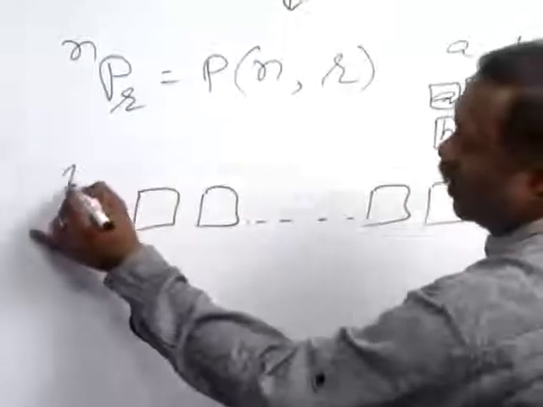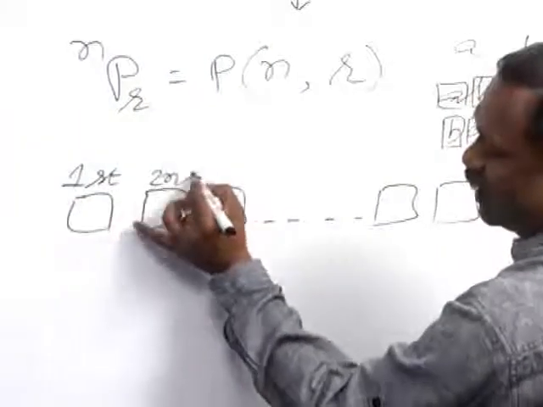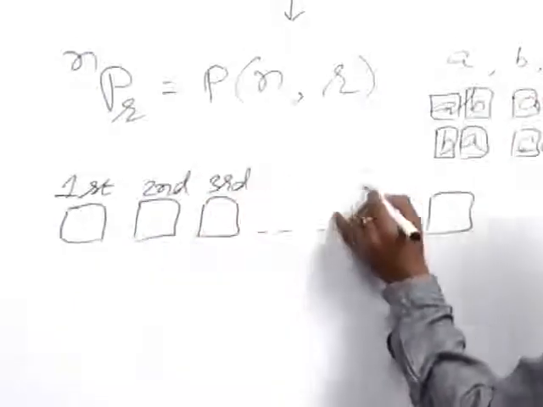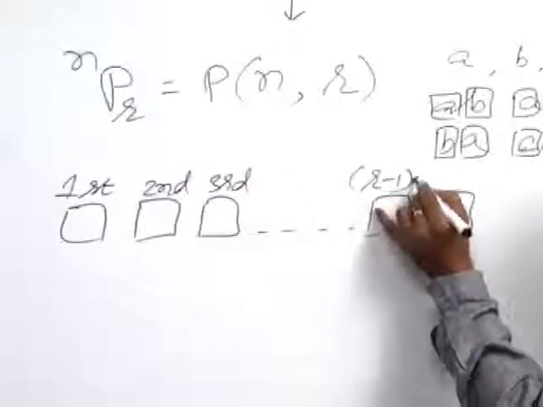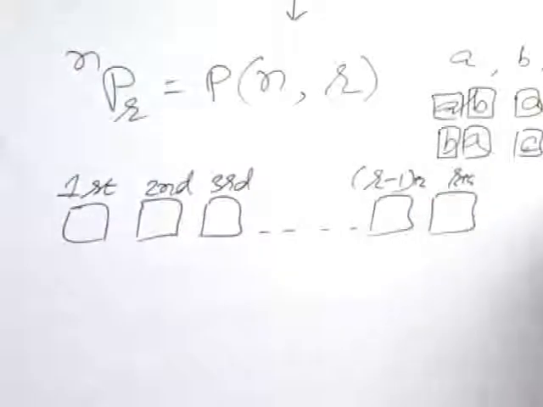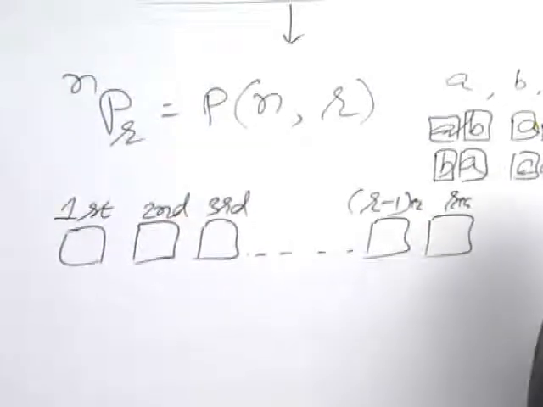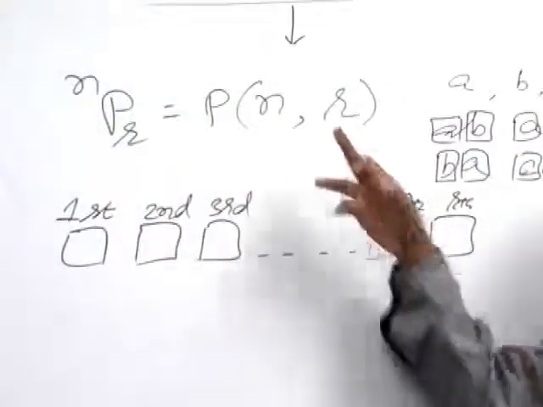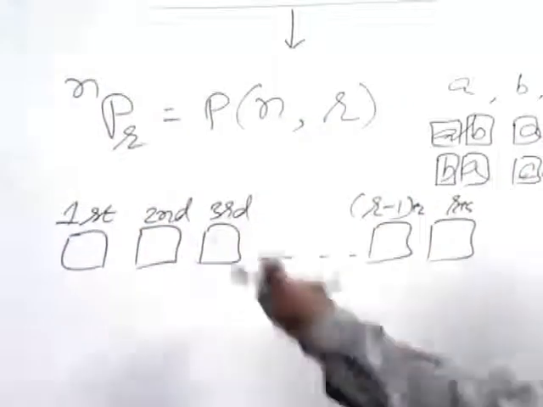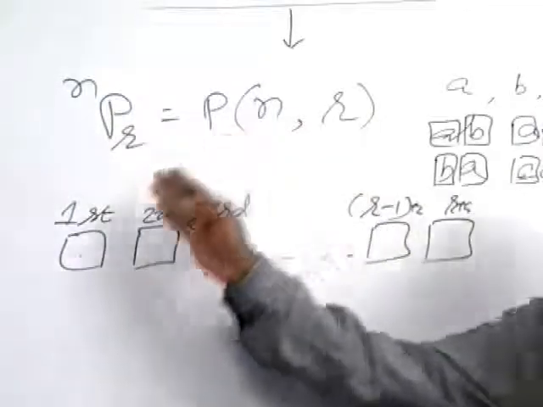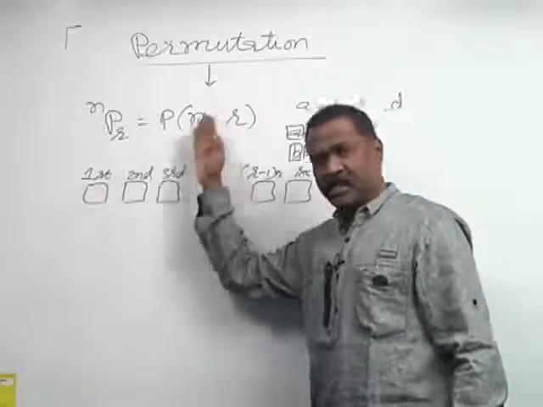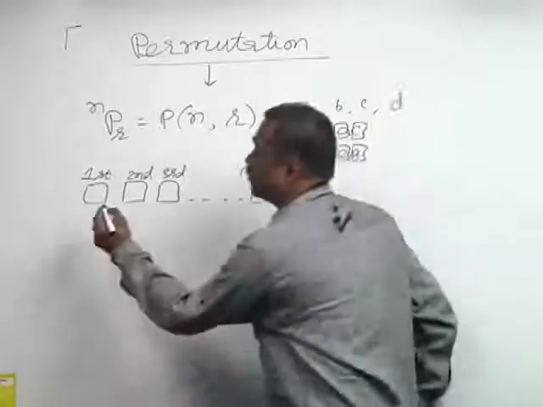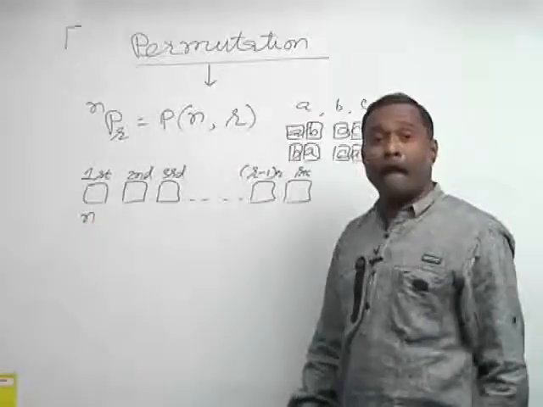This is first, this is second, this is third, this is R minus 1th, and this is Rth blank place. Now, let us see. The first blank place can be filled with N things in how many different ways? First thing can be written, second thing can be written, third thing can be written, and so on. Nth thing can be written.